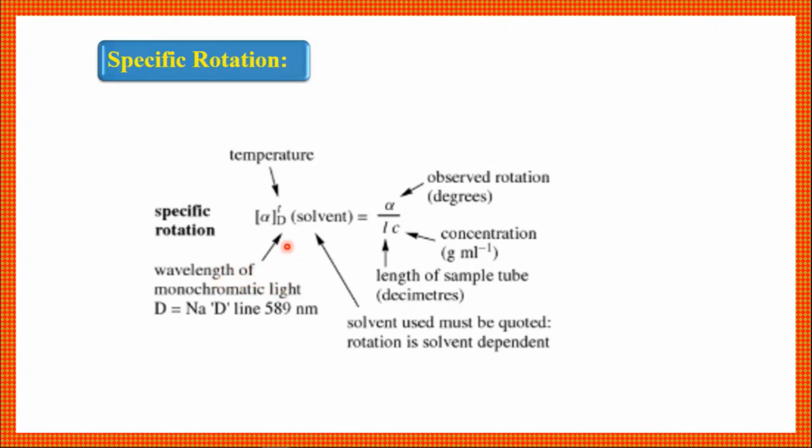So this specific rotation is a property of an organic compound like melting point, boiling point, density and refractive index. So this is the formula to calculate the specific rotation, and it is defined as the rotation produced by a solution of a length of 10 decimeter and a unit concentration, that is in gram per ml, for a given wavelength of light at a given temperature, that is called specific rotation.